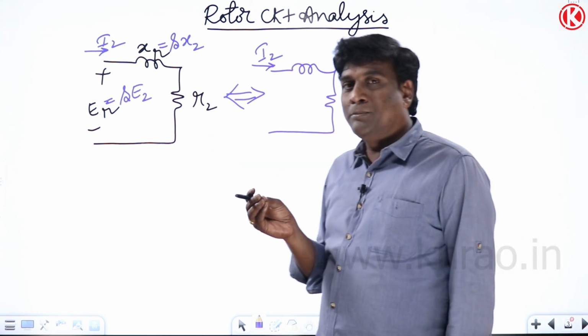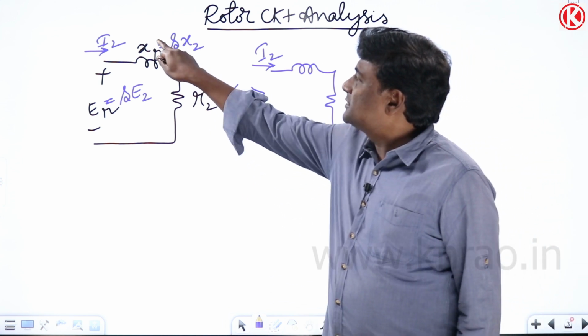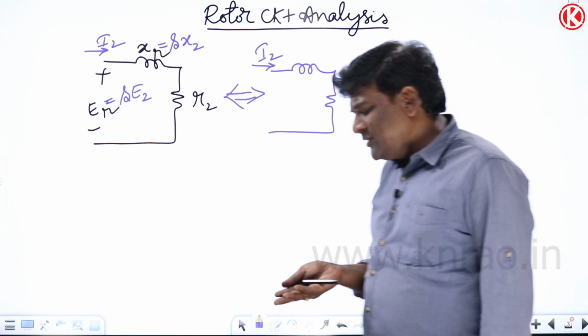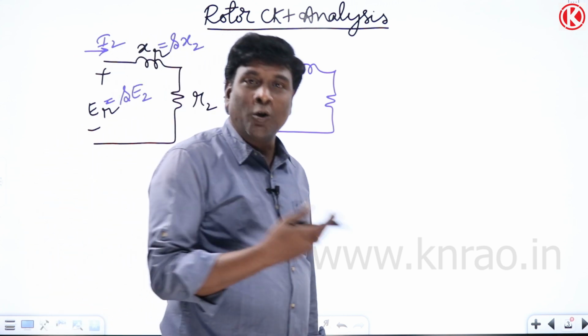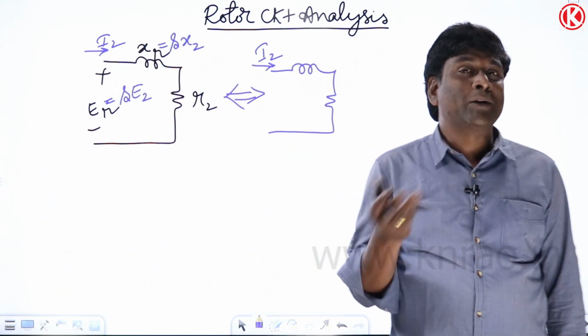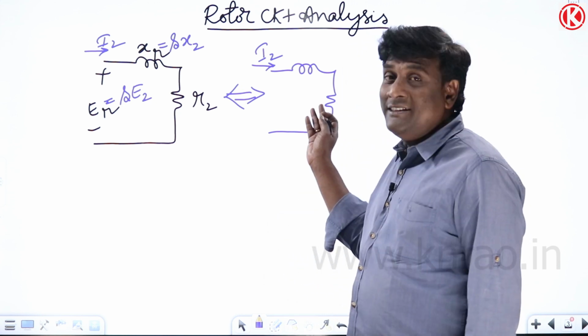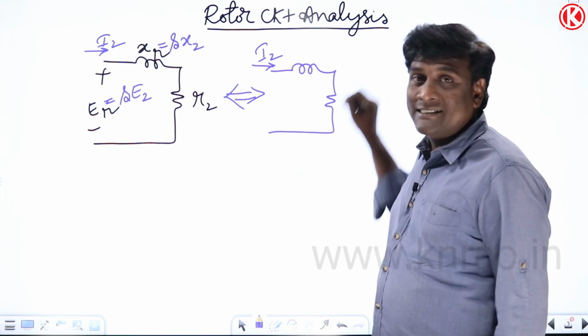From the transformer's point of view, I am supposed to write R2 dash, X2 dash, something like that. How to reflect from rotor side to stator side, or from secondary side to primary side, we know in transformer. So they are going to give reflected values only, without using dash.